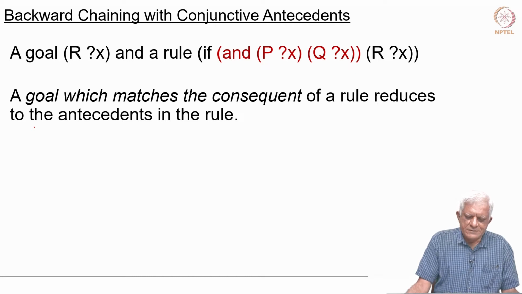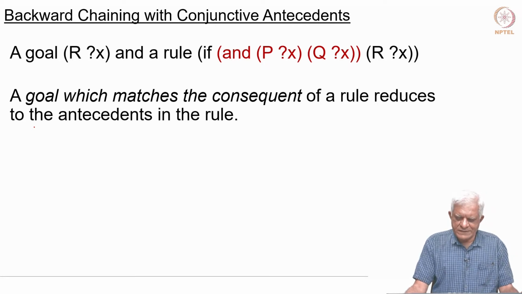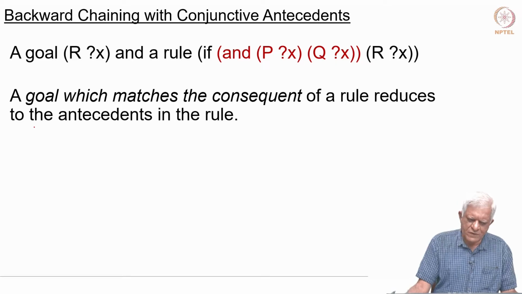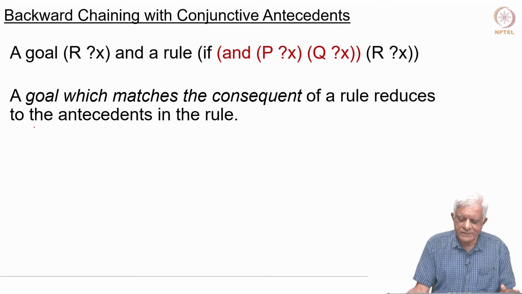So, if you have conjunctive antecedents in first order logic, and you have a goal of the kind R of x with a question mark, which means, remember, is there an x such that R of x will be true essentially, and the rule is that P of x and Q of x implies R of x.